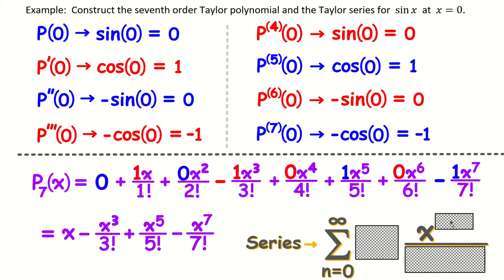I guess what I'm saying is, behind this box right here is not just an n. We can't describe every single term as just x to the n power, starting with 0 and then 1 and then 2 and then 3 and then 4 and then 5 and then 6, okay? Because it's only really all of the odd powers.